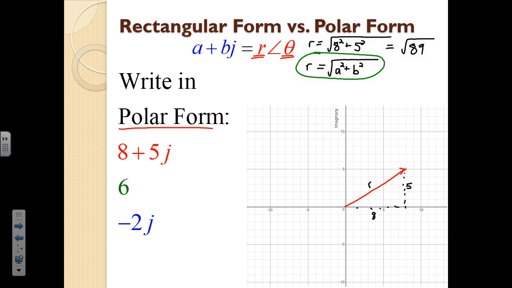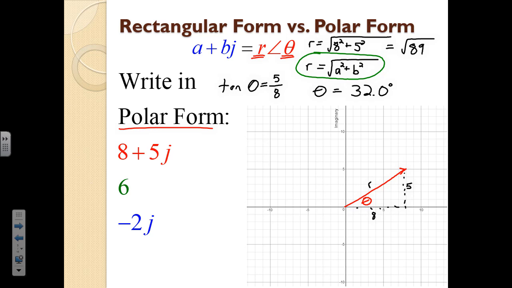Now, if we want to find the direction of that vector, our angle theta down here, we'll use the tangent function. And you probably remember, or at least could recognize, that the tangent of our angle theta in this case would be opposite over adjacent, which is 5 over 8. Apply the inverse tangent, and I think you would find that theta is equal to about 32.0 degrees.